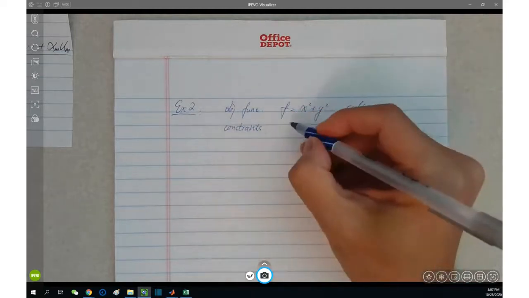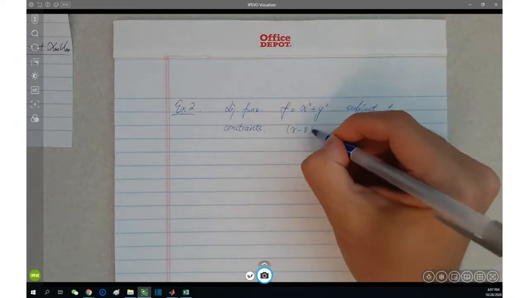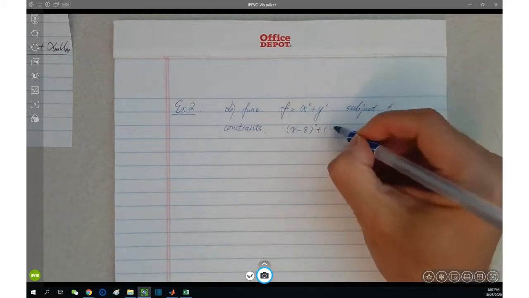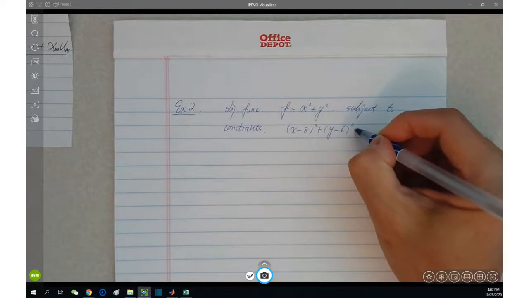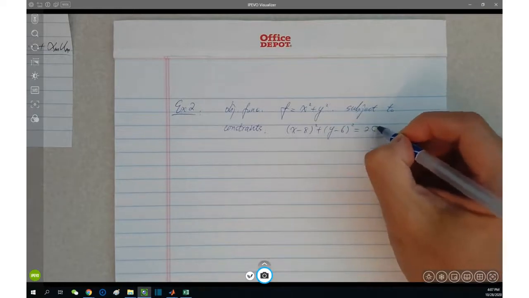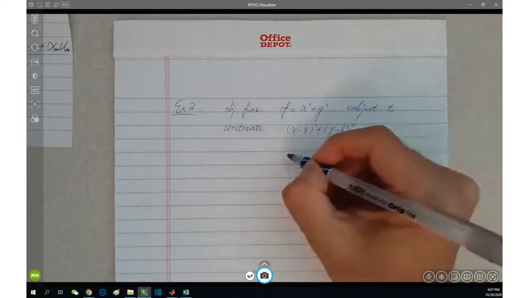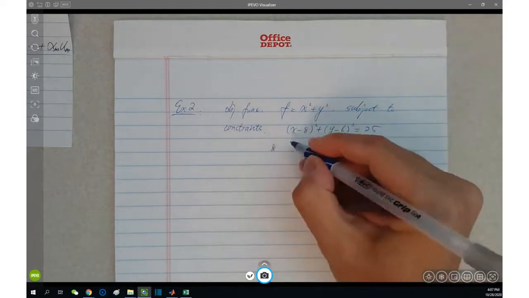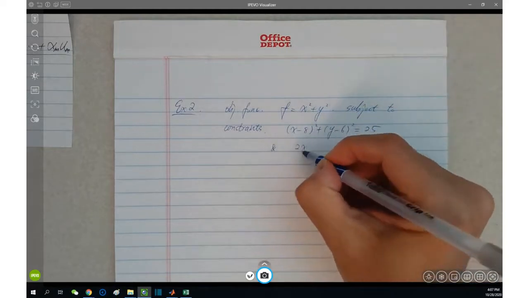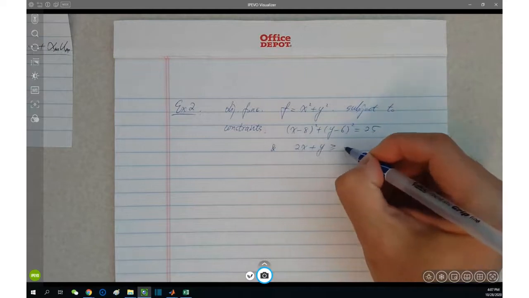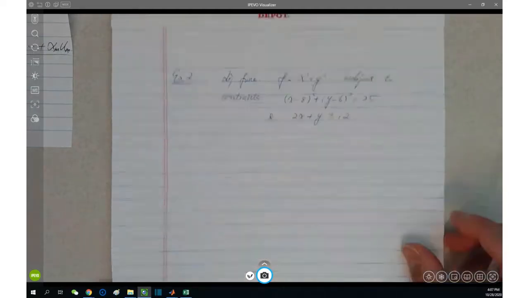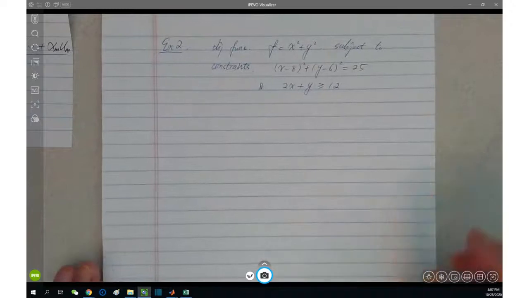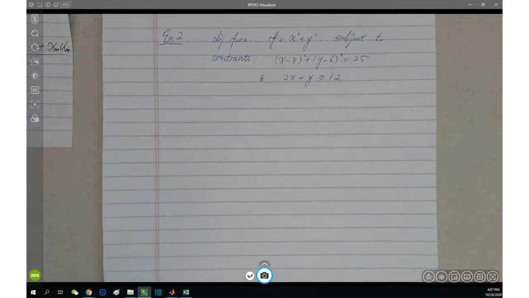First one is x minus, minus 6. Very straightforward.